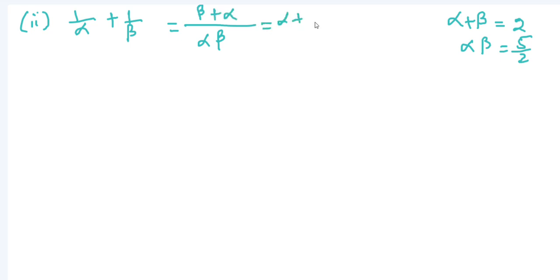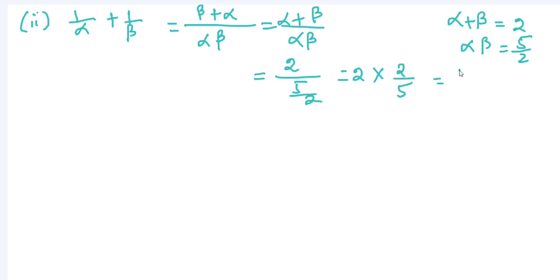That means alpha plus beta by alpha beta. Now let us put the value. Alpha plus beta is 2, alpha beta is 5 by 2. So that means 2 into 2 by 5, that is the reciprocal. So that is coming 4 by 5. So this is the answer of the second part.